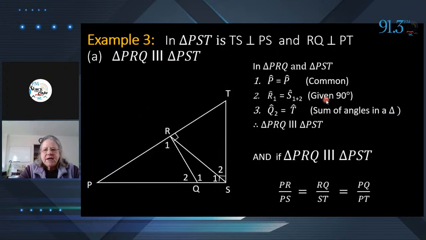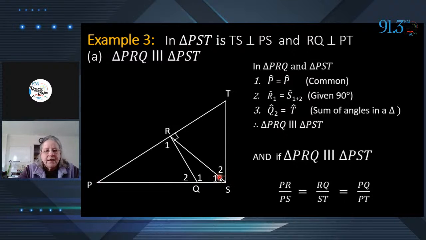Now we have a slightly more difficult question, and we are using the third theorem, which is similarity. So just bear with me and let's see how we fare with this one. Now in triangle PST, the big triangle, we have TS perpendicular to PS.